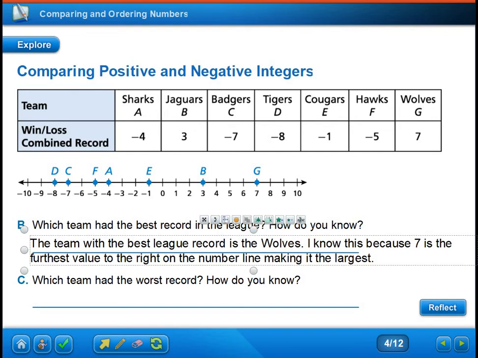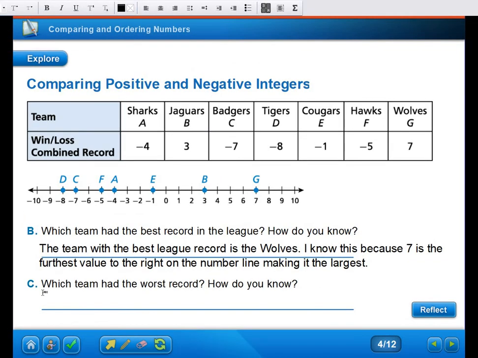So in this case, what we should have found is that the team with the worst record was the Tigers.